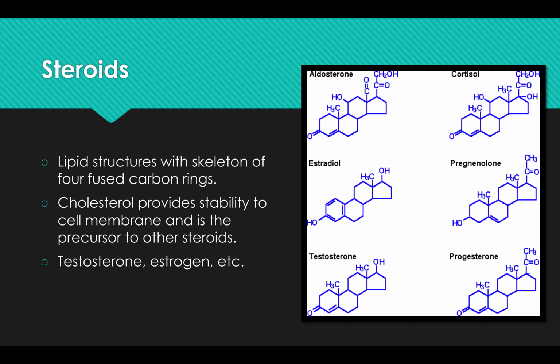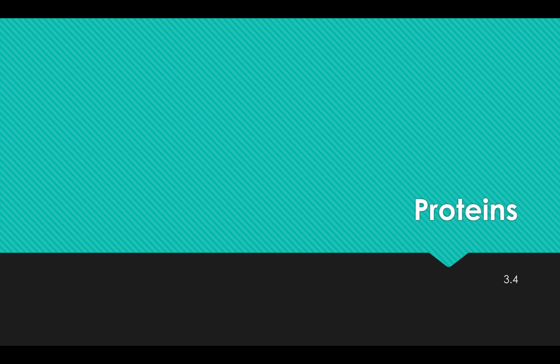So it's kind of like cholesterol is stuck in the cell membrane to give it some support. These are things like testosterone, estrogen, cortisol, all kinds of steroids. But look at the picture. Everybody look. Every single steroid has four carbon rings. Okay? And that is all the notes for today.